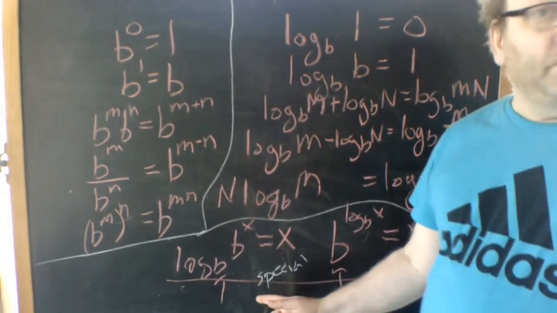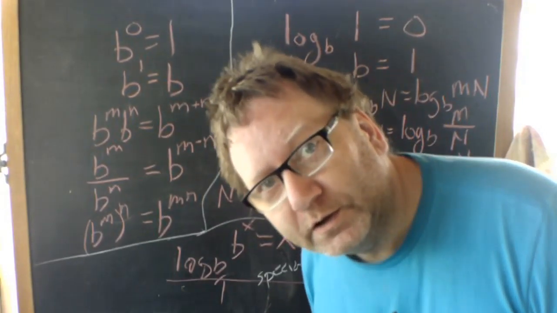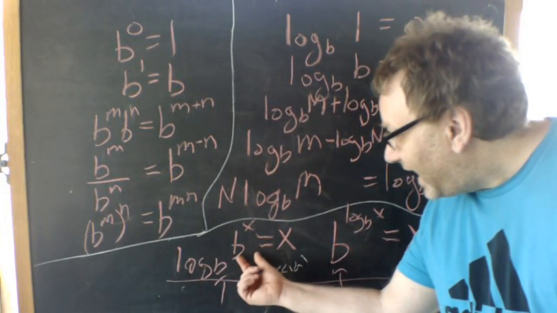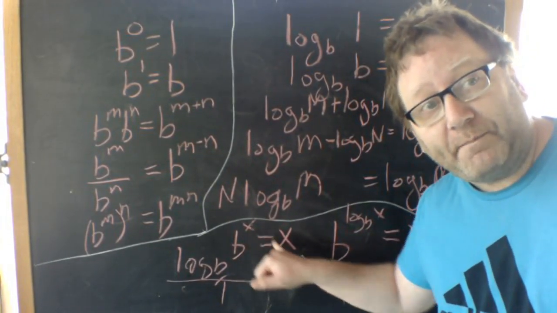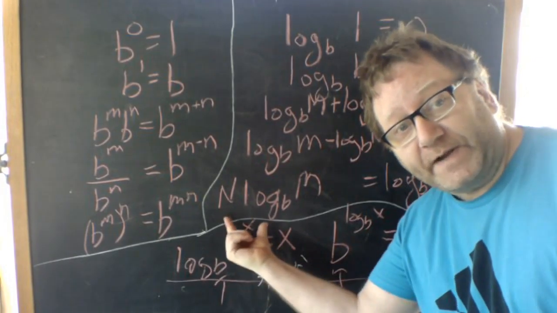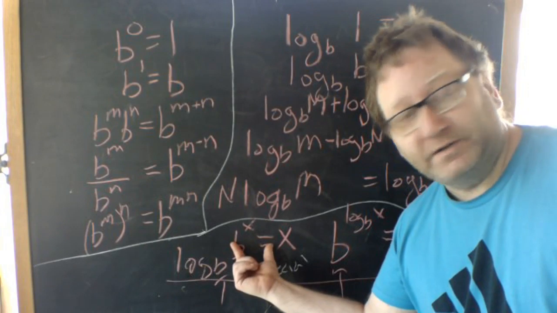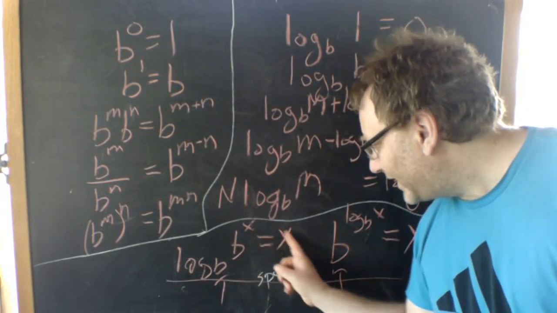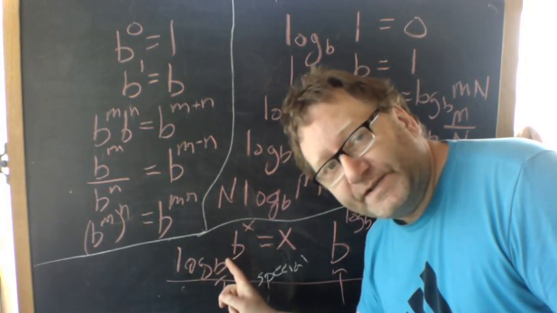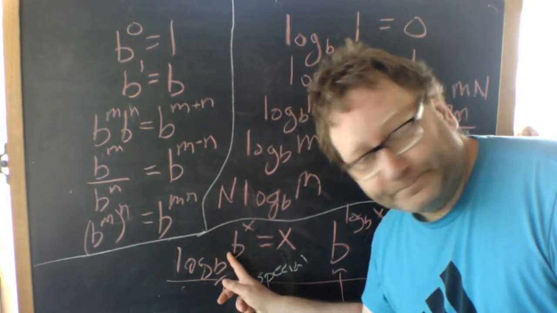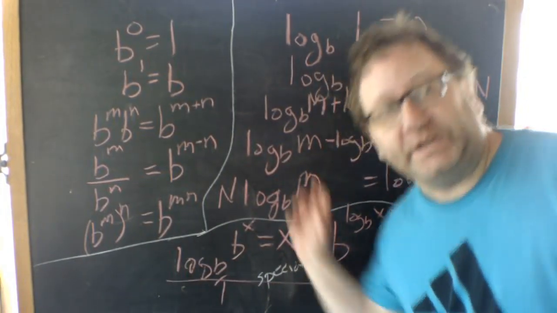So I'm going to keep pointing to this, and hopefully I'll get my camera steering technique right. I have e to some power. If I want that power to come down, because my variable is in that power, I have to take the log of the base that I have. So I want natural log in front of here. That's going to let me get my variables free.